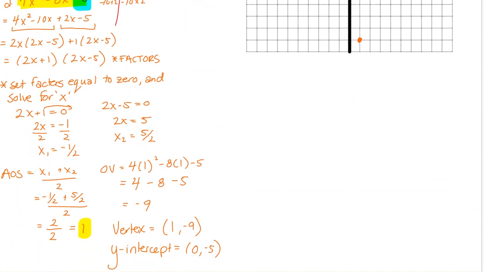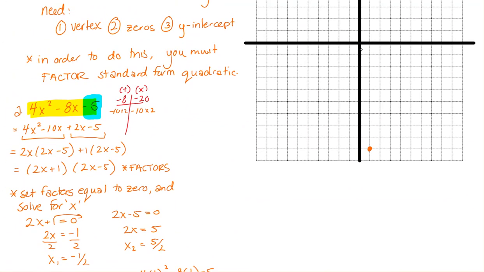Other point of interest was our y-intercept, which is (0, negative 5), which is right here. Okay, and then our other 2 points were our zeros, and they were down here, so negative 1/2 and 5/2. Now for this sake, you can think about those as decimals. Negative 1/2 is negative 0.5, which would be right here.